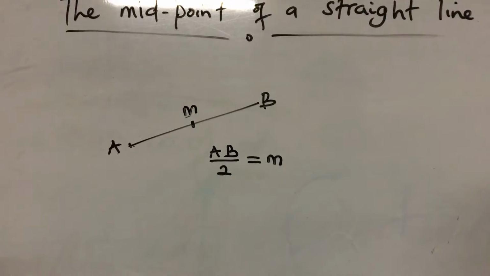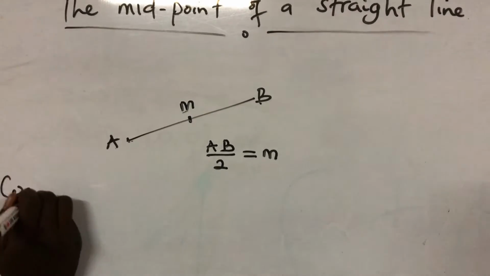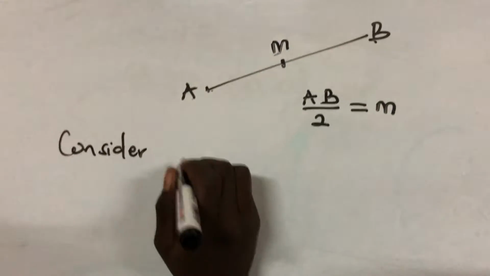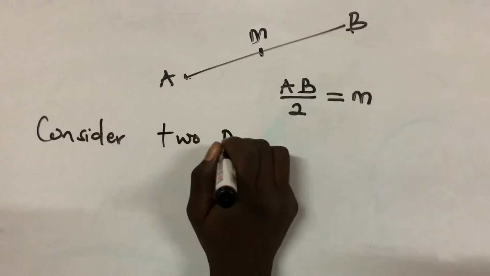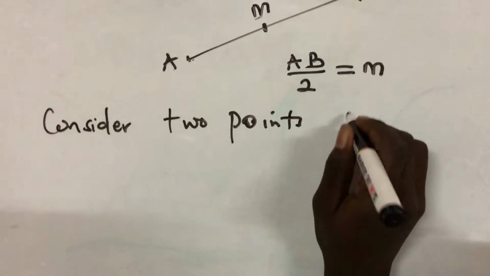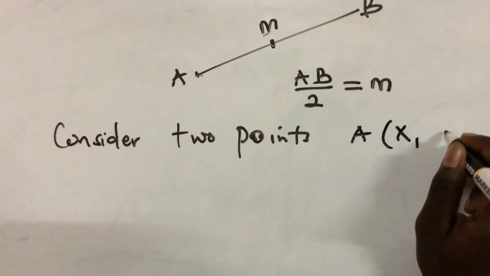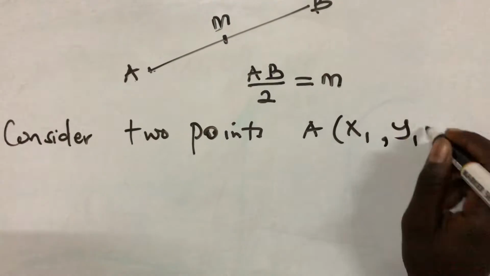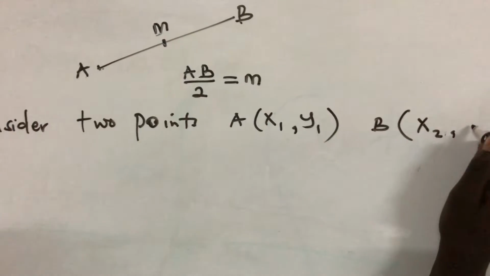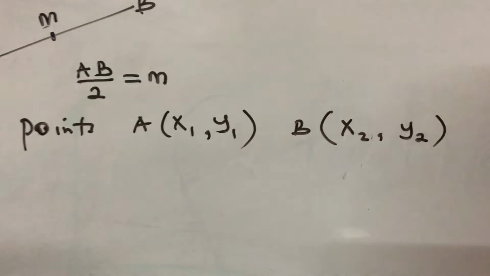So for this case, let's consider 2 points, A, which is (x1, y1), and then B, which is (x2, y2).